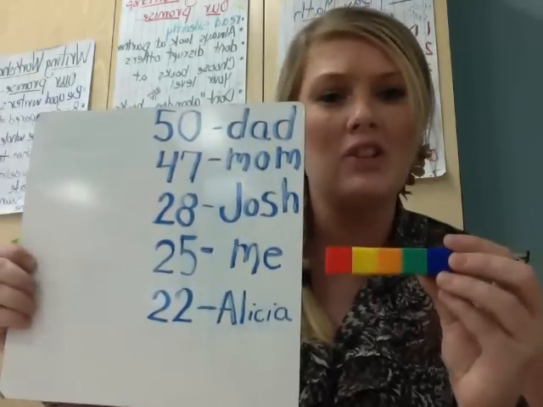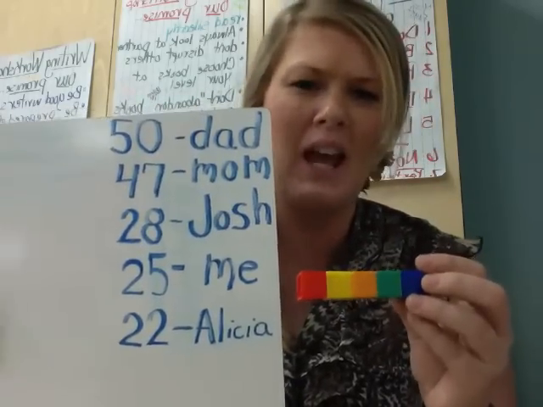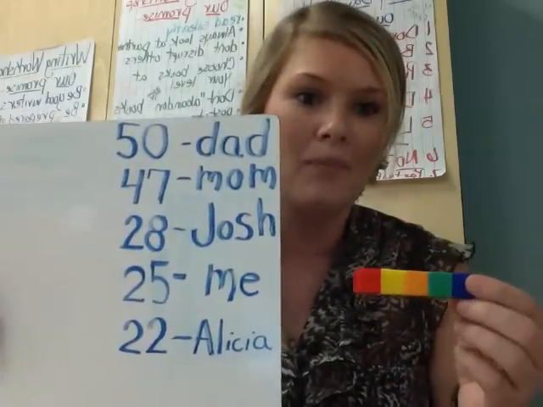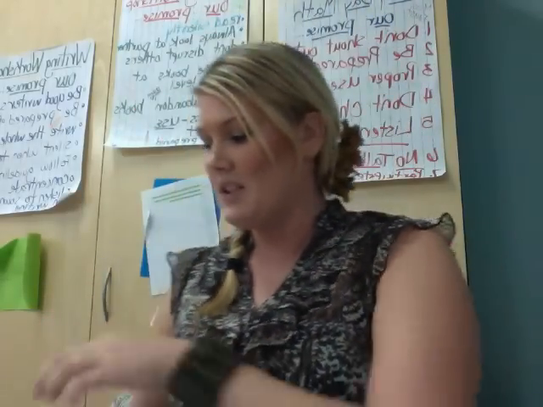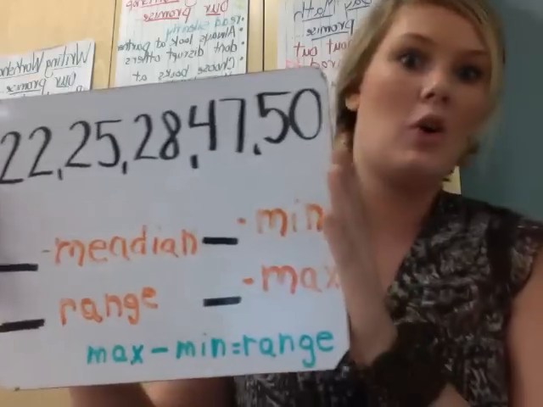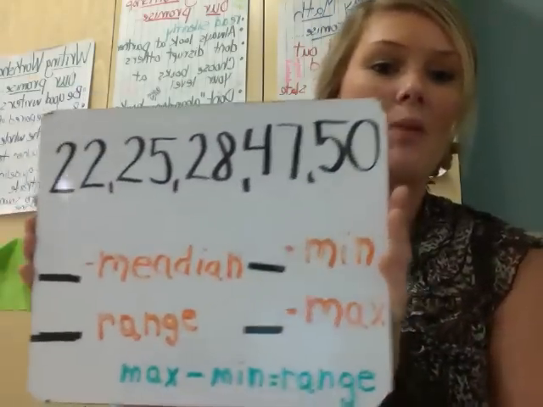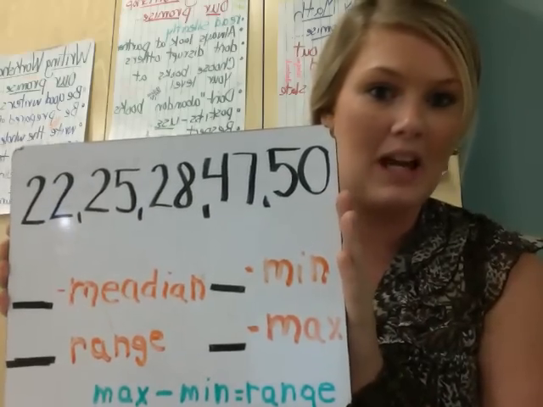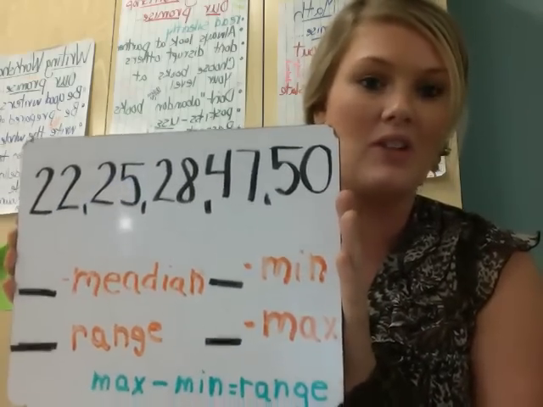Okay? So we can actually take it one step further and we can say, what is the minimum in this data and what is the maximum? Now, if you can remember from class, the minimum and maximum are the smallest and the largest number in that data set. So I took the time to write down a little quiz, if you will, about our data. So we have my dad who's 50, 47, 28, 25, and 22.